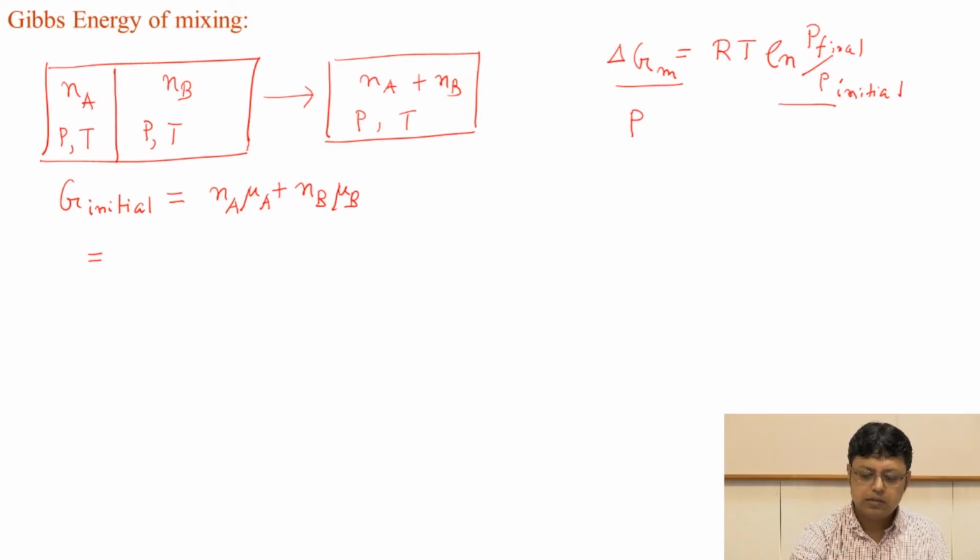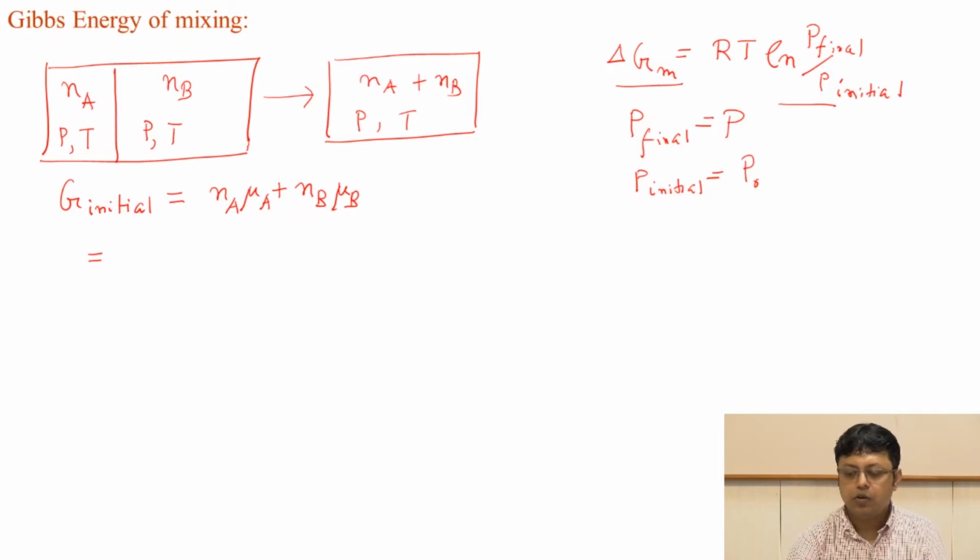Now we write the final pressure as just P, and the initial pressure as P0. What is P0? P0 is the standard pressure, which by SI unit we write as 1 bar. We are keeping 1 bar as a standard.